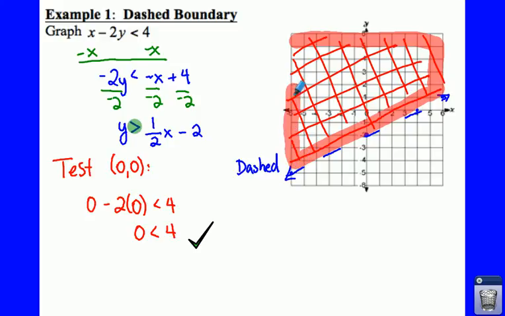So whatever point you choose in this red area would satisfy your inequality. Remember, inequalities mean you can have more than one answer. Now anything below this line is not going to work for your inequality. So that's example 1.